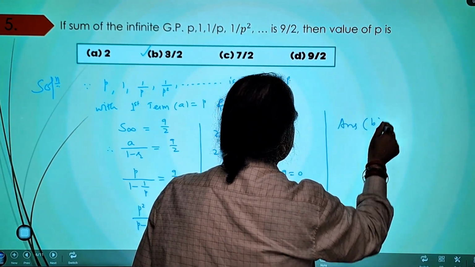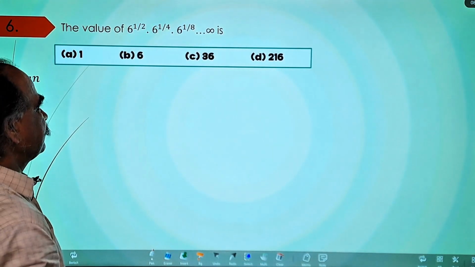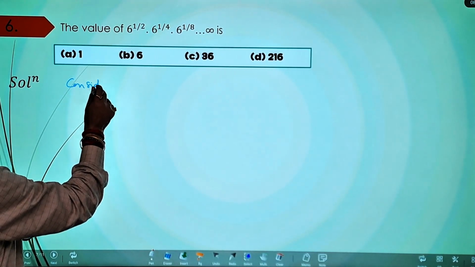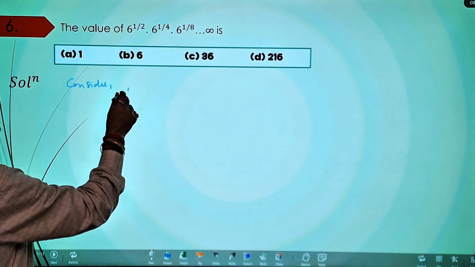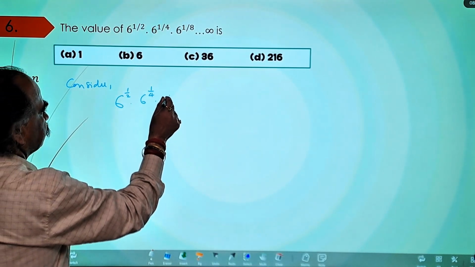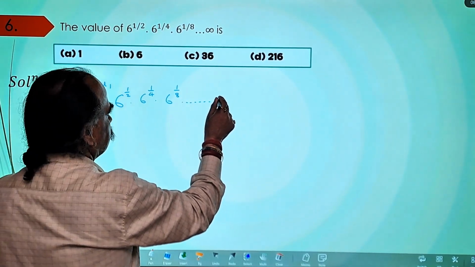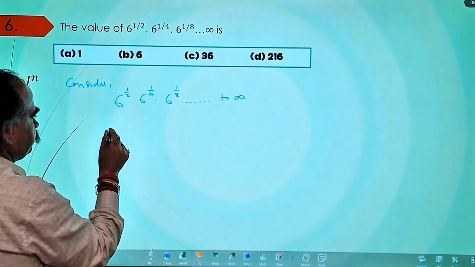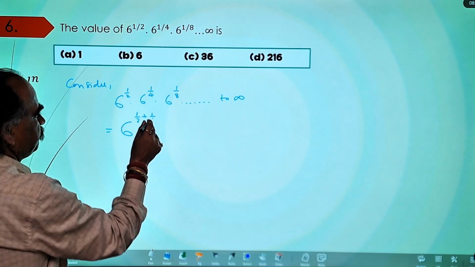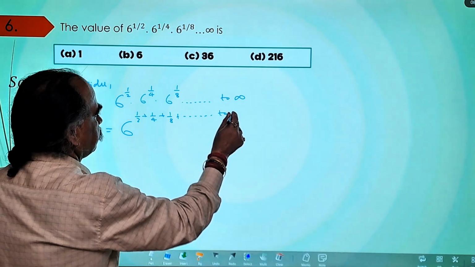Answer B. The value of 6 raised to half into 6 raised to 1 by 4. Consider 6 raised to half into 6 raised to 1 by 4 into 6 raised to 1 by 8 and so on to infinity, which will give 6 raised to 1 by 2 plus 1 by 4 plus 1 by 8 to infinity.